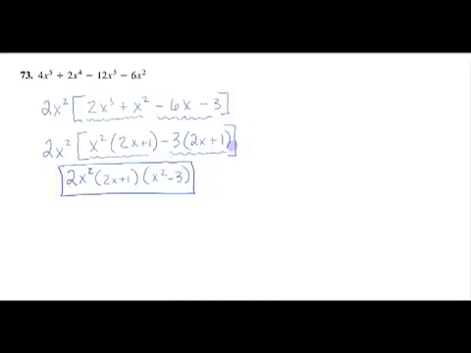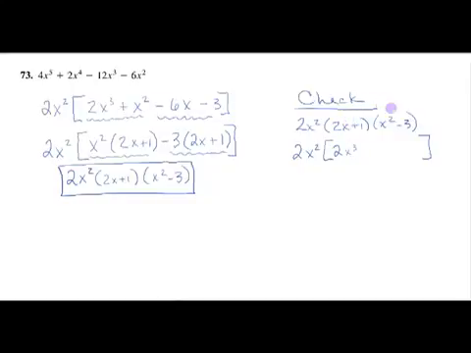If you want to check this, what we would want to do is multiply two of the things together, and then after we simplify, multiply in the third. I'm going to go ahead and multiply my two binomials together. So this is a 2x squared times whatever I have to multiply: 2x times x squared is 2x cubed. 2x times negative 3 is negative 6x. 1 times x squared is x squared.